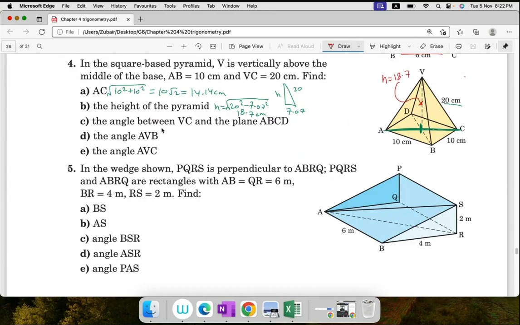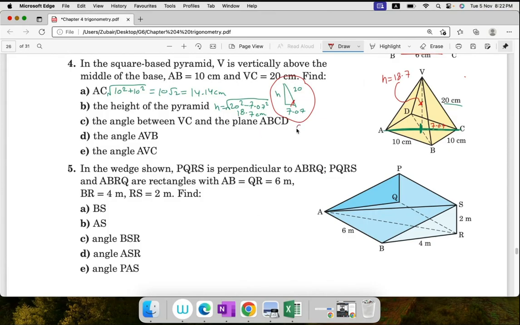Part C says the angle between VC and plane ABCD. So VC is this length and plane ABCD. So if we can just use the previous triangle, this one, this is that angle. So it is 7.07. This half is the base and 20 is the hypotenuse.